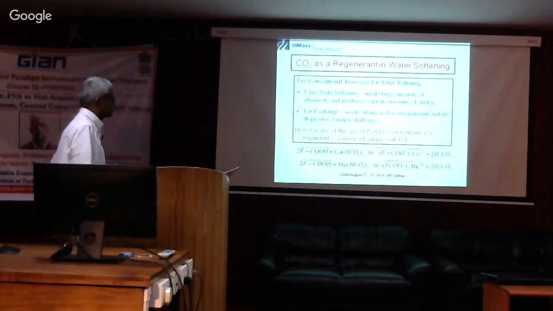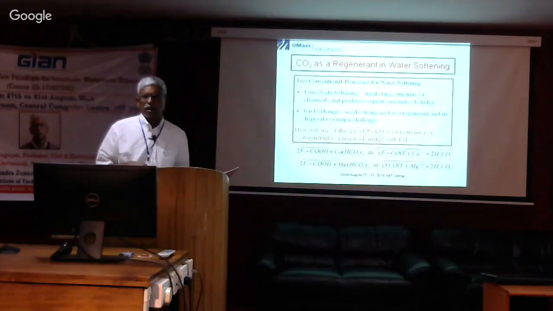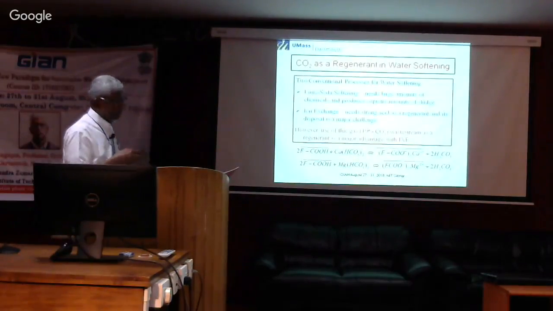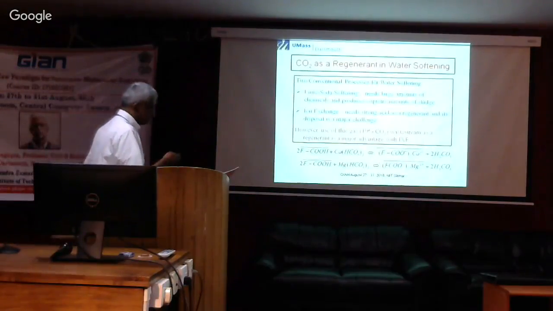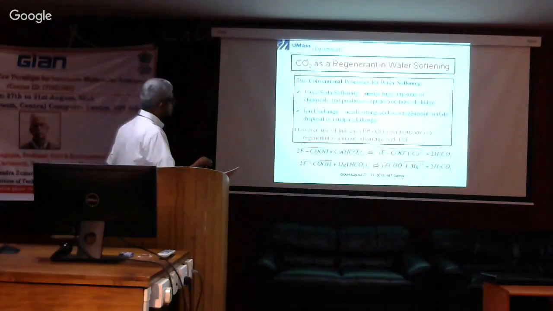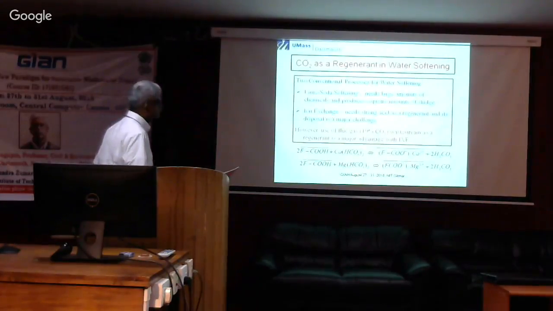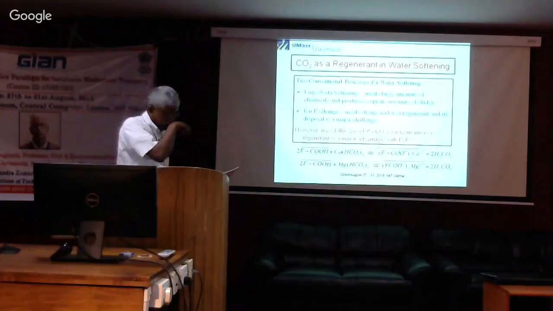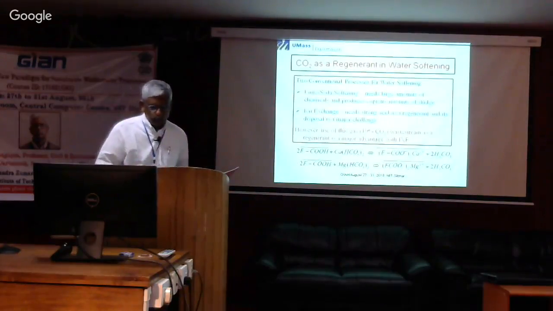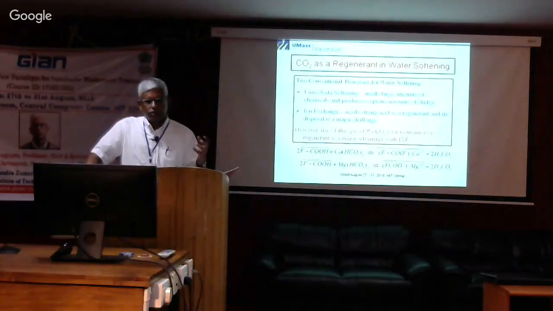So ion exchange is a very mature technology for water softening. There are so many commercial units on it, but when we do ion exchange, then we need a strong acid as a regenerant, and the disposal of this regenerant is a major challenge. So our idea was, can we take the advantage of fiber as opposed to resin?